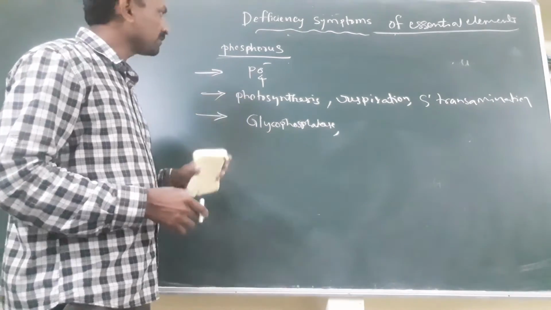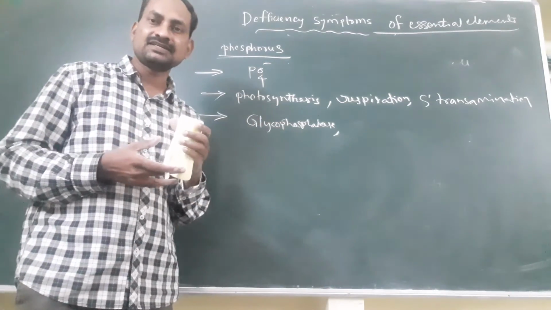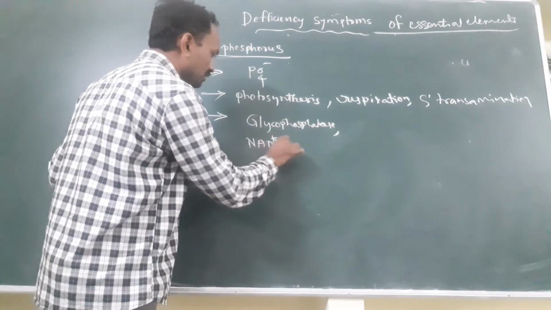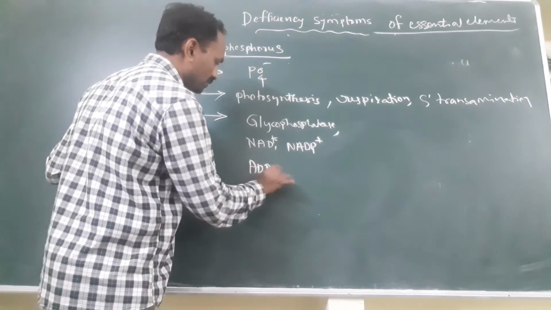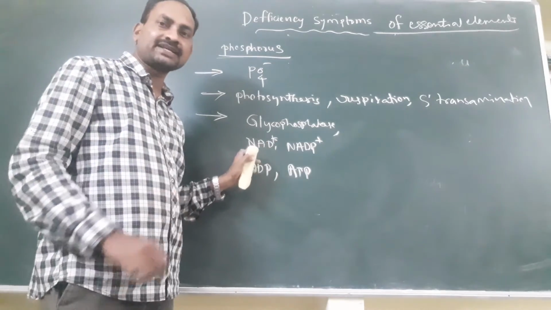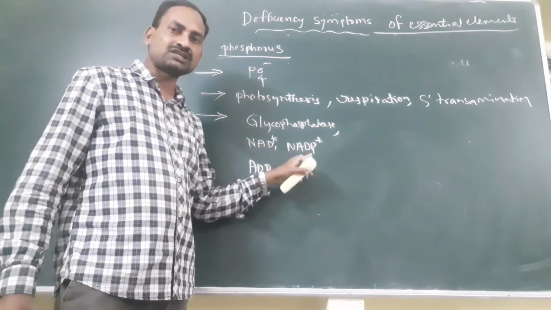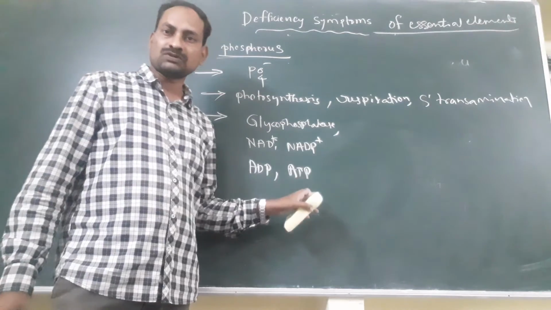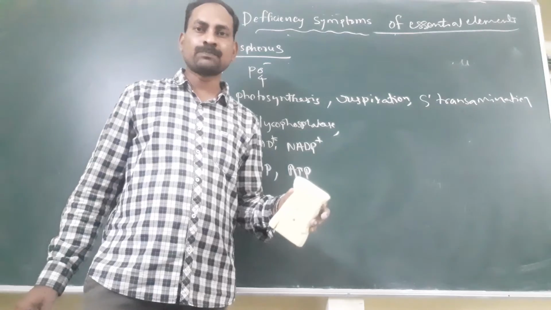Okay? And majorly phosphorus is also involved in the synthesis of energy rich molecules like NAD plus, NADP plus, ADP and ATP. Here NAD plus means nicotinamide adenine dinucleotide, NADP plus nicotinamide adenine dinucleotide phosphate, ATP means adenosine triphosphate. For the synthesis of all these molecules, phosphorus is very important.